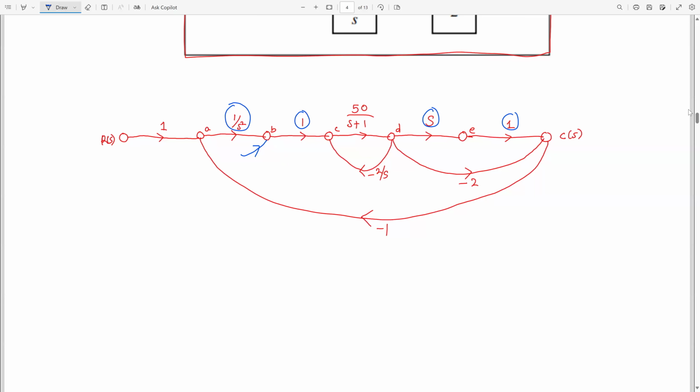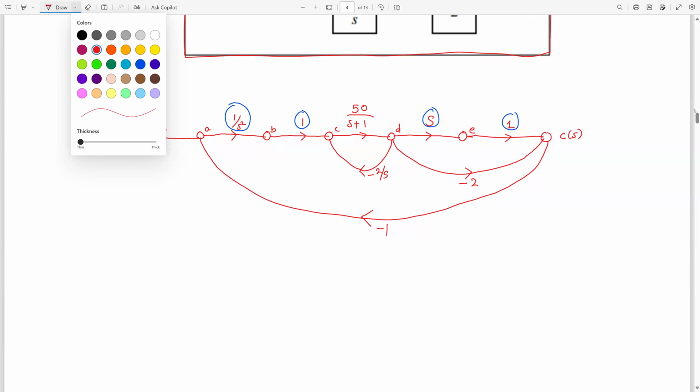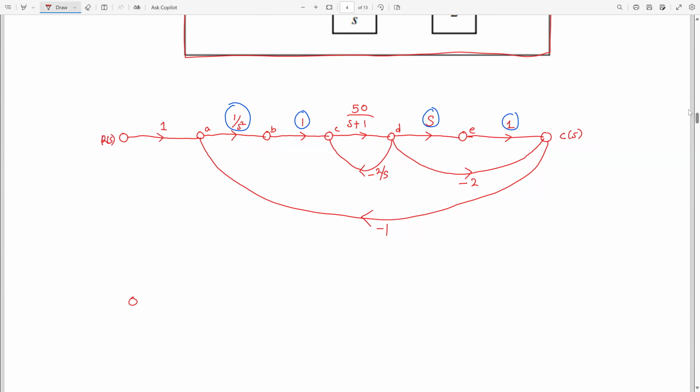So just take note of this. The final signal flow graph is going to be: I have my R of S, my node A, my node B, my node C, my node D, and my node C of S.